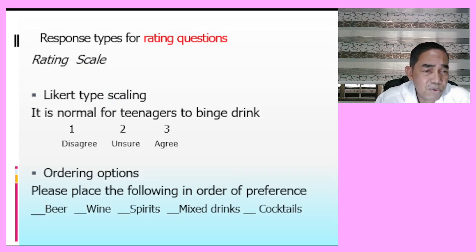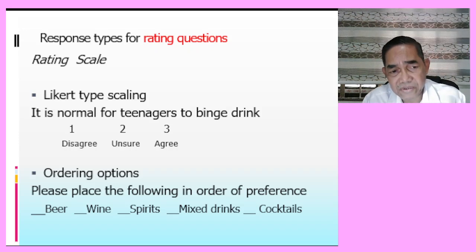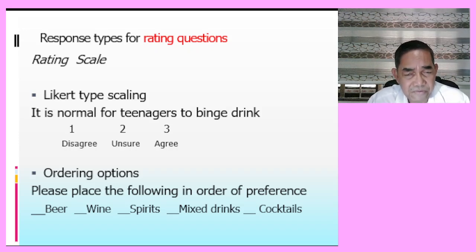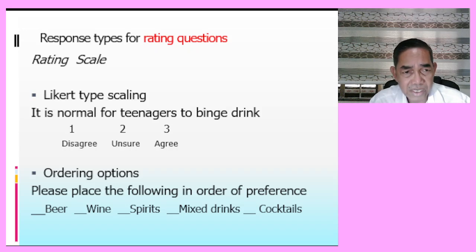Okay, so ranking. So you can have these choices. And then you can also have the rating scale, the Likert type scaling. Is it normal for teenagers to binge drink? So disagree, unsure, or agree. A lot of people want the 5-point Likert scale, but really I refrain from doing that, because it will be very, very difficult for respondents to distinguish between a strongly disagree and disagree, and then agree and strongly agree.